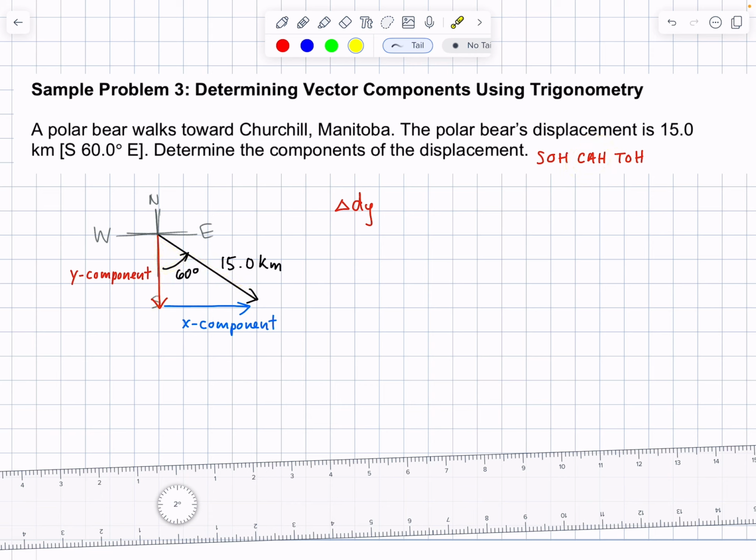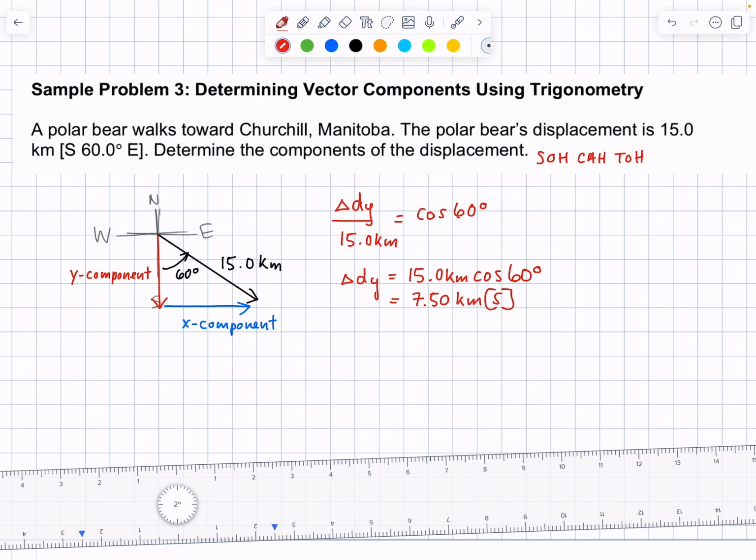So I can write delta dy over the hypotenuse is equal to the cos of 60 degrees. If I want to find delta dy, I can isolate this and say delta dy is equal to 15 kilometers cos 60 degrees. If we punch this into our calculator, we end up, to three significant digits, with 7.50 kilometers, and this is pointing directly south.